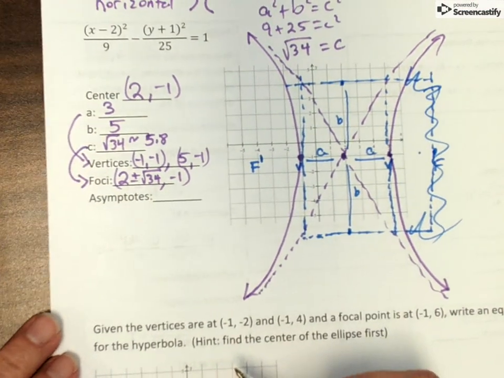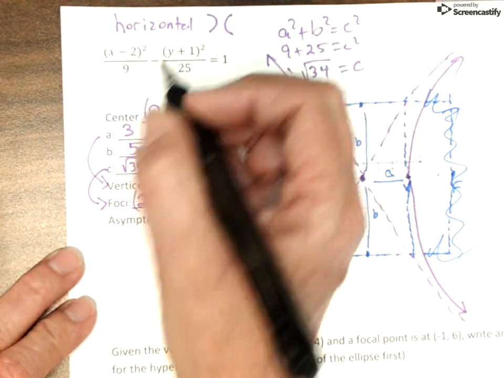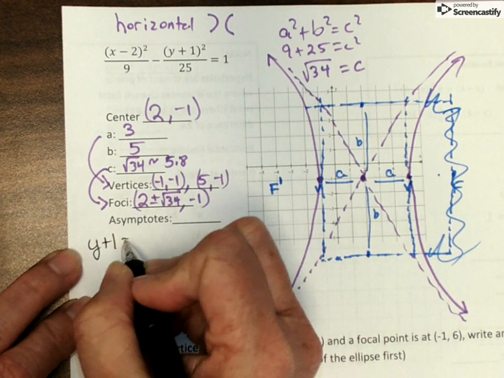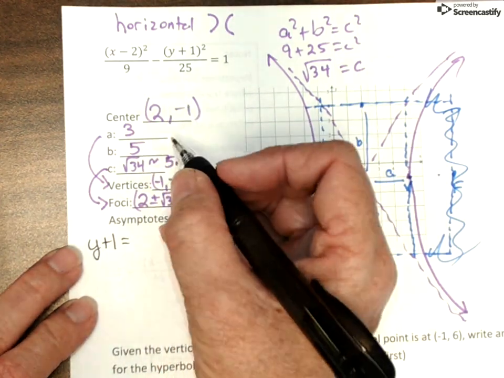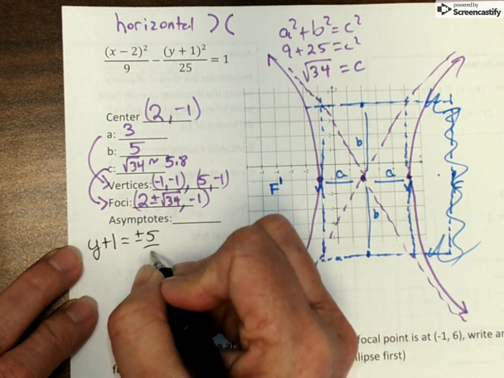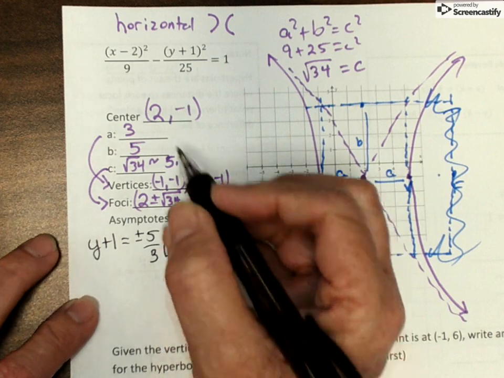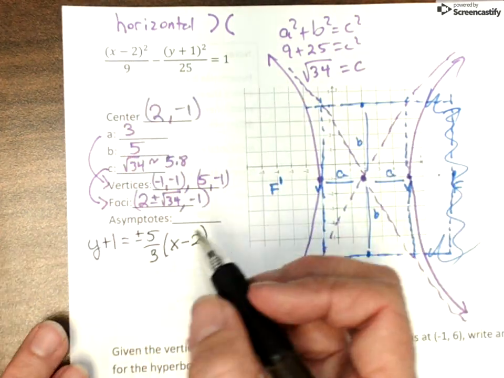And finally, the equation of the asymptote, y minus k. So it's always going to be what's in here, y plus 1 equals, it's horizontal, so I need the b on top. So plus or minus b divided by a times x minus h, or in other words, what's right here.